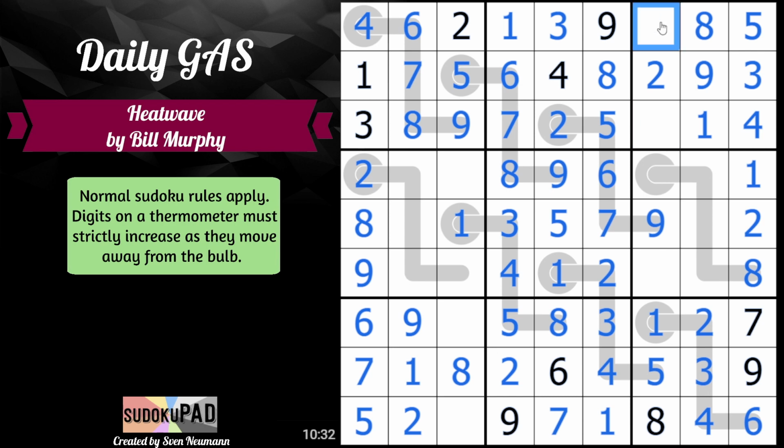We're missing what? 7 here and 6 here. Yeah. 7 here, 6 here. And here we're missing 3. Here we're missing 4. And then 9, 8, 7.